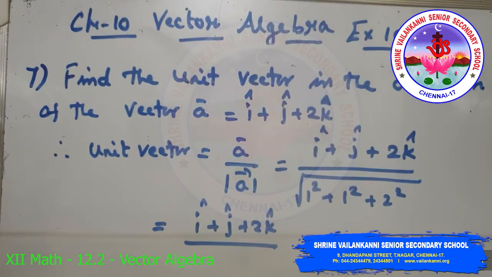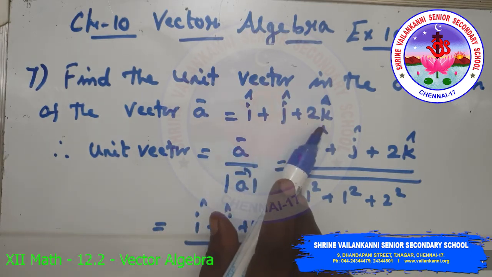So A plus B plus C is equal to -4j minus k. Seventh question, find the unit vector in the direction of the vector A equal to i plus j plus 2k.